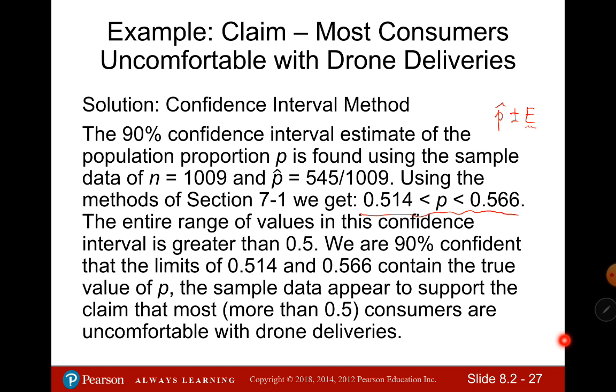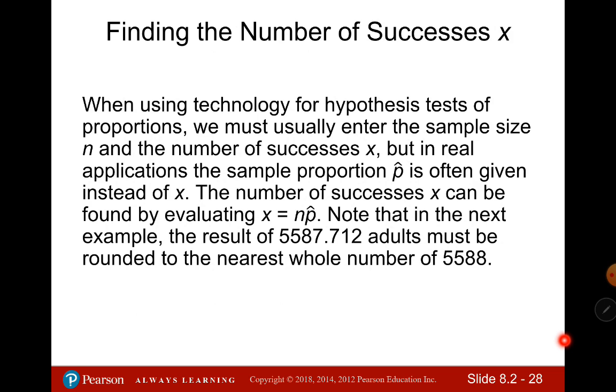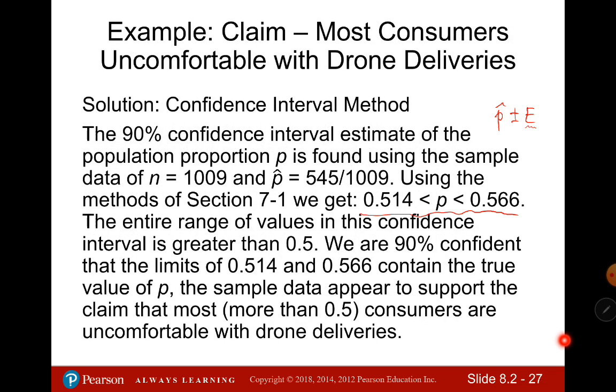For this result, we find the entire range of the confidence interval is above 0.5, because the lower limit is already greater than 0.5.